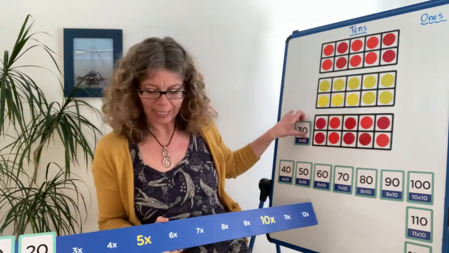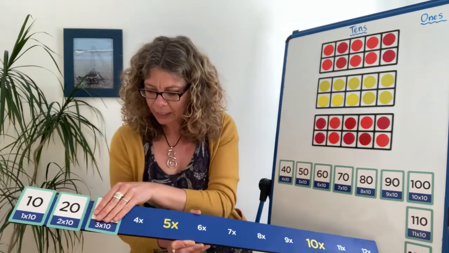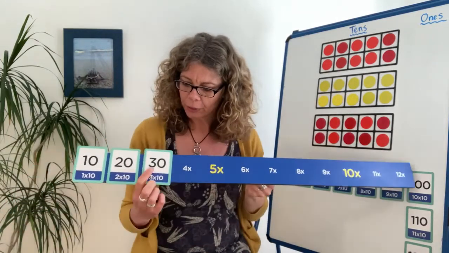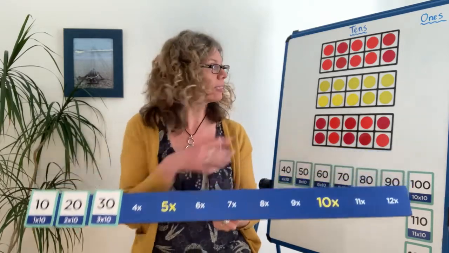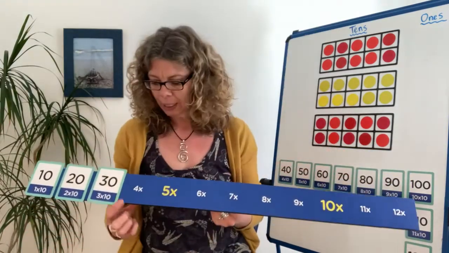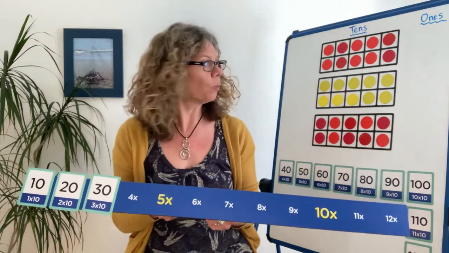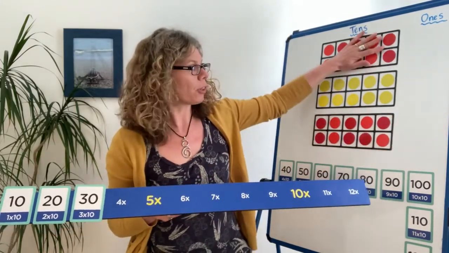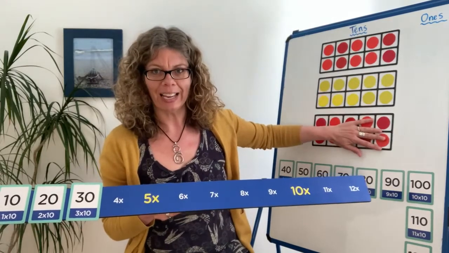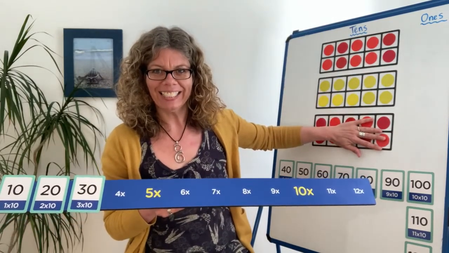So 3 times 10 is 30. So the 3 here in the tens column means 3 tens, which is what we've got here. And the 0 means no ones. So we haven't got any ones, there's no ones left over. We've just got 3 lots of 10. Okay, are you getting the idea?